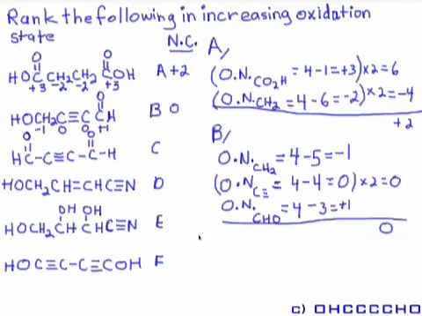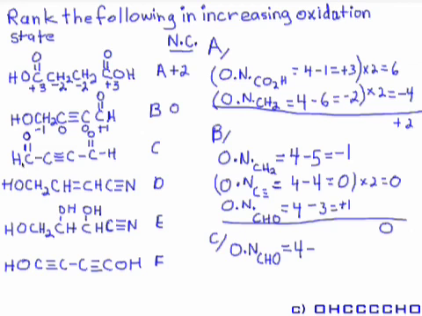Let's try C. C is quite symmetrical, so I should be able to fit it on here. Oxidation number for the aldehyde group, CHO. 4 valence electrons for carbon, minus, let's take a close look. An aldehyde has a C double bond O. Oxygen's more electronegative, so none of the electrons in those bonds are counted.